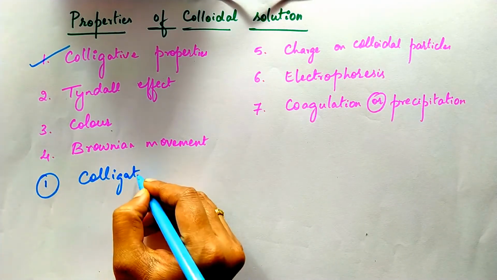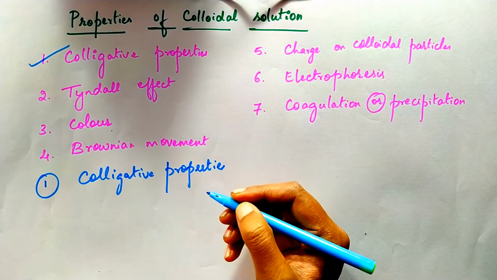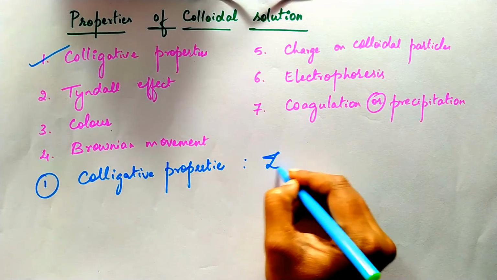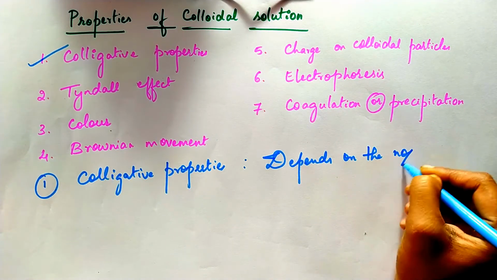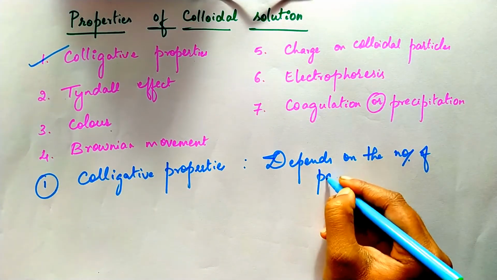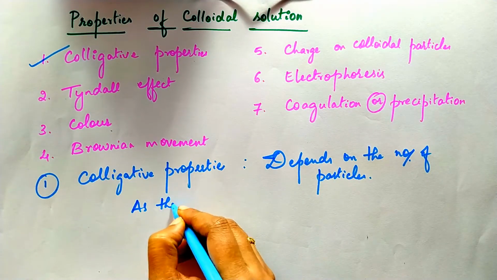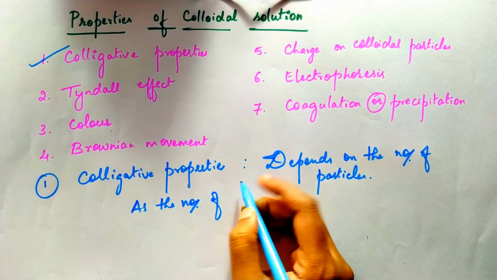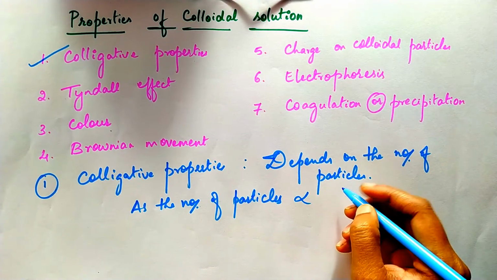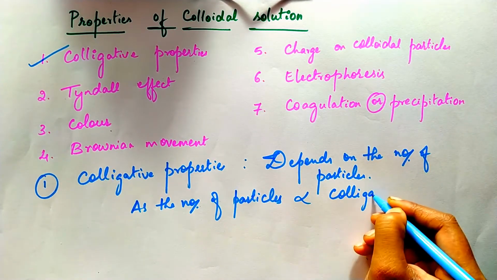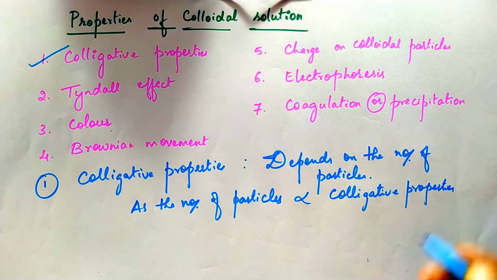Colligative property depends upon the number of particles, that is, the number of solute particles. As the number of particles increases, the colligative property increases.